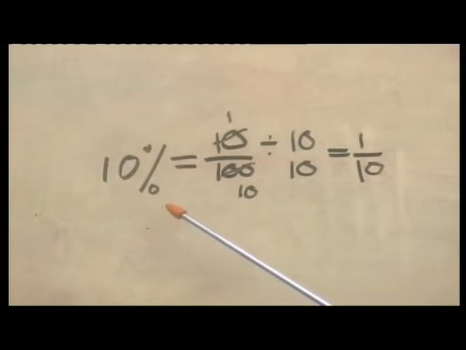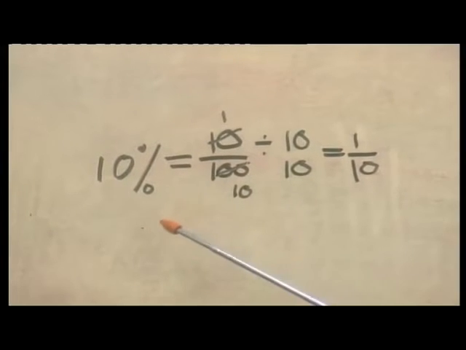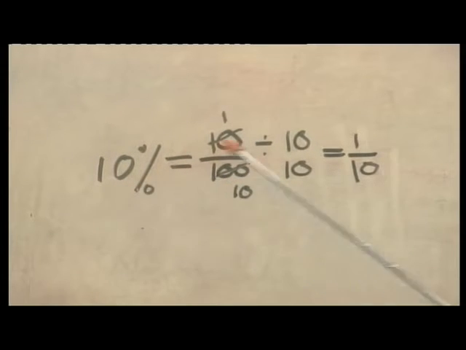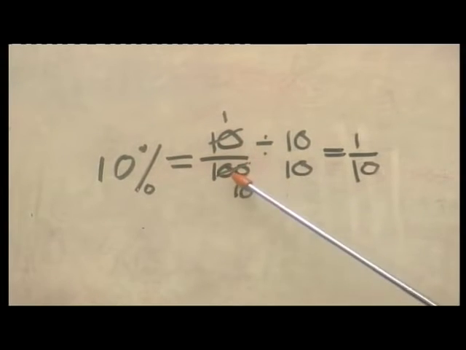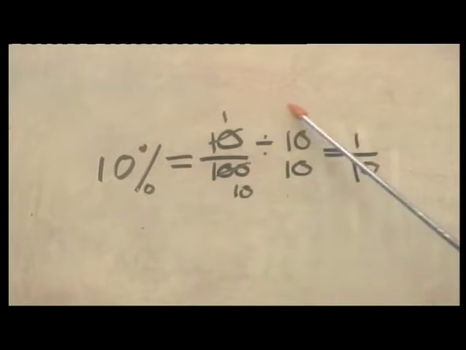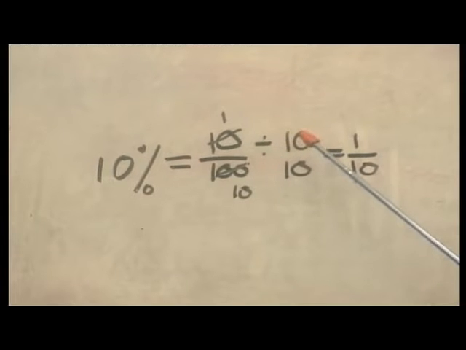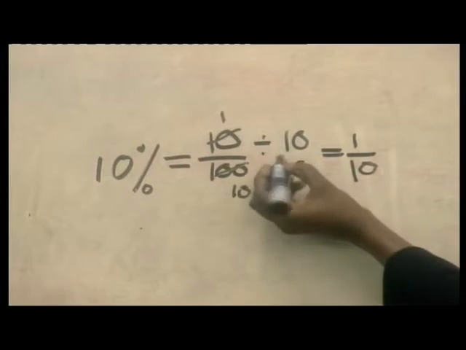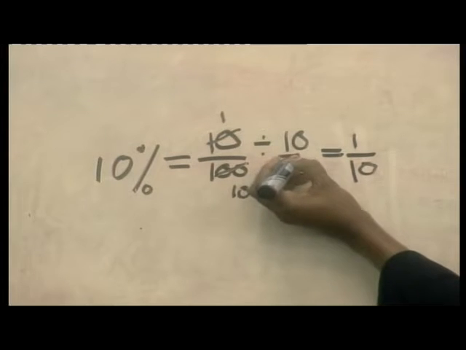When you want to change that percentage into a fraction, it must always be written as a fraction. The percentage here is 10/100. She has simplified this fraction by dividing 10 on both sides. Samantha, don't forget to put your fraction bar.